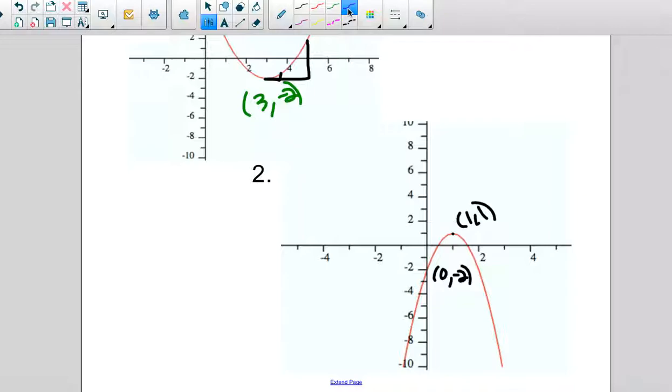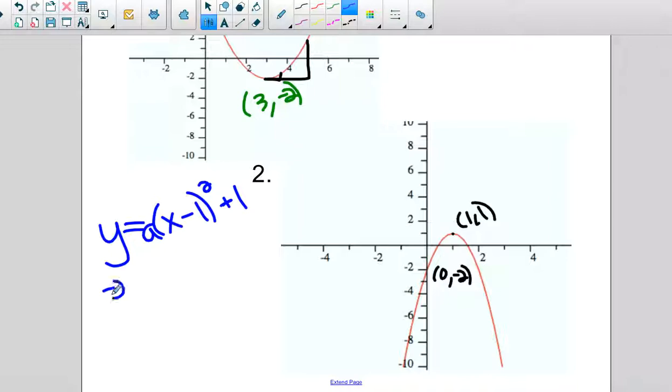So I'm going to say, okay, the vertex is 1 comma 1, so it's going to be a, x minus 1 squared plus 1. Now I know that a is going to be negative because it opens down, but I don't need to put a negative here. It'll work itself out when I solve it. So now I'm going to plug in negative 2 for y and 0 for x.